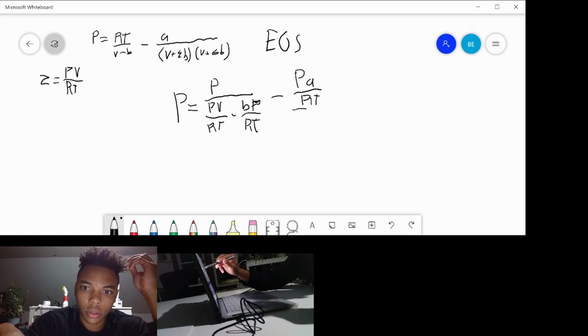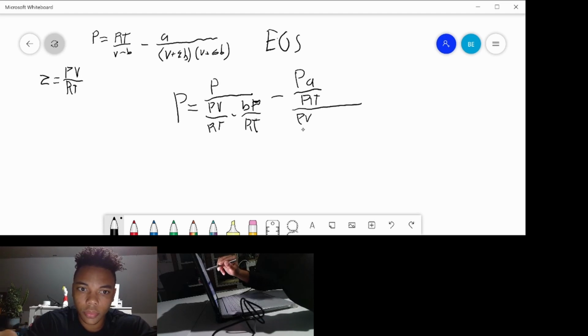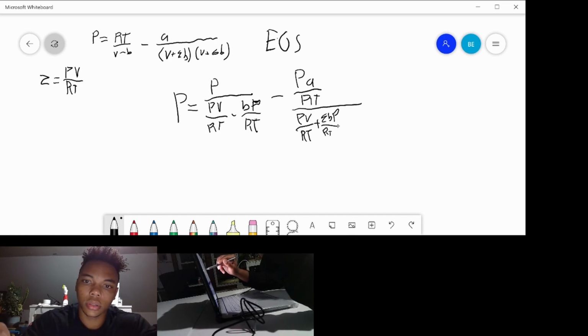Over V over RT, plus V P over RT, and that's just top and bottom times V plus sigma b.